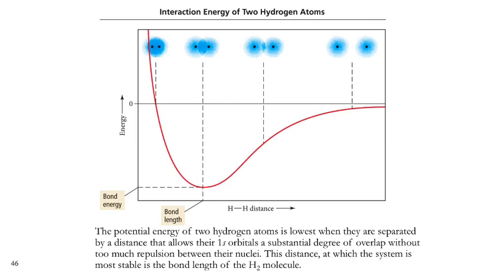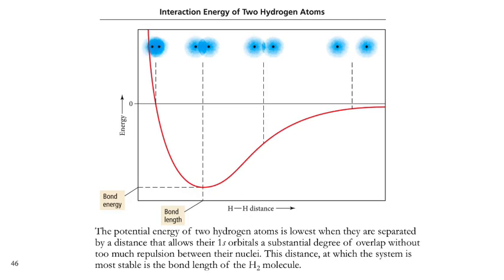So this is a graph looking at the energy as two hydrogen atoms approach each other. This would be zero distance between the nuclei of the hydrogen atoms, and this would be a large distance. So zero energy. When these two atoms are far apart, there is no energy as a result of their interaction.